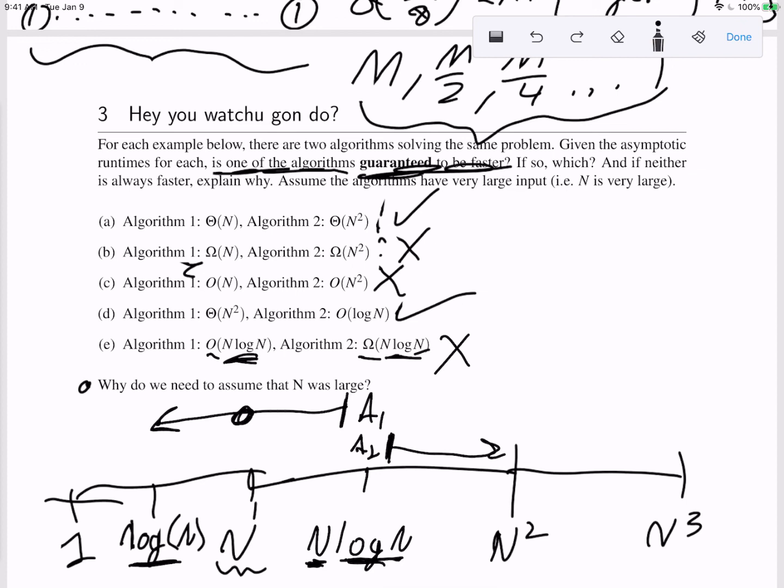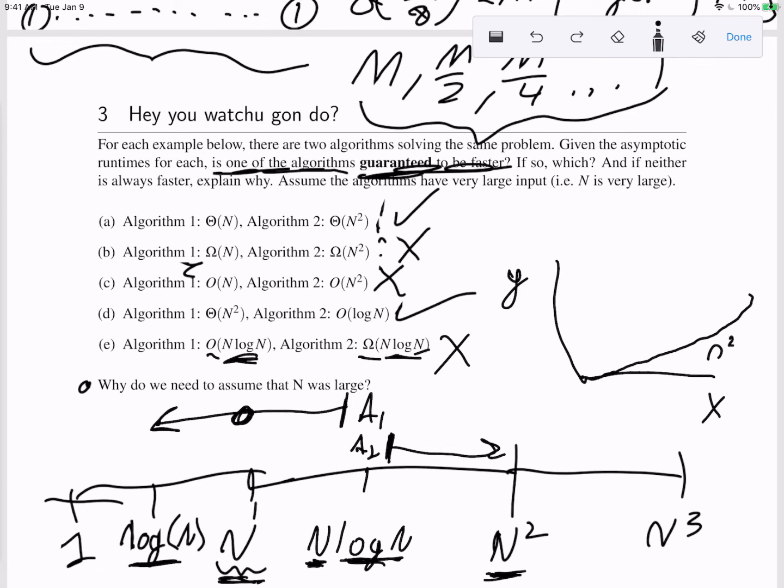Okay, now we can go on to why do we need to assume n was large? That has everything to do with asymptotics. So with asymptotics, let's draw a graph, let's say x and y. So we say that n squared is slower than n. Well, if I chose carefully constructed coefficients, my n squared might grow really slowly like this.